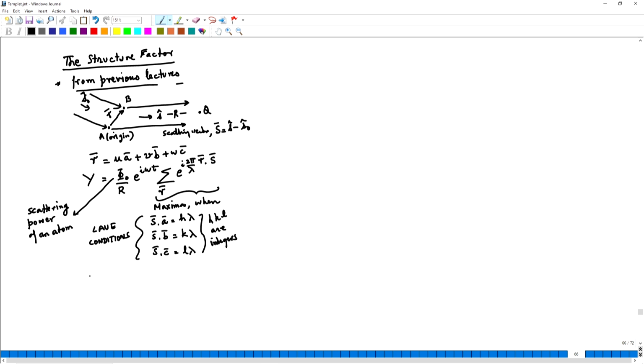And here, in our previous analysis, we have done analysis of scattering when scattering centers or atoms are at corners of the unit cell.